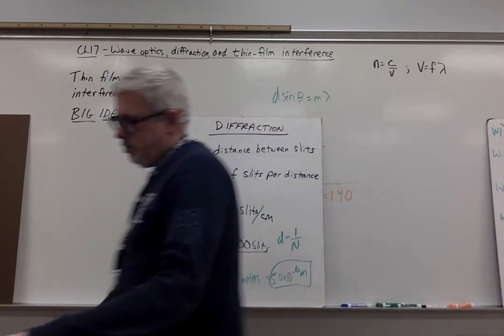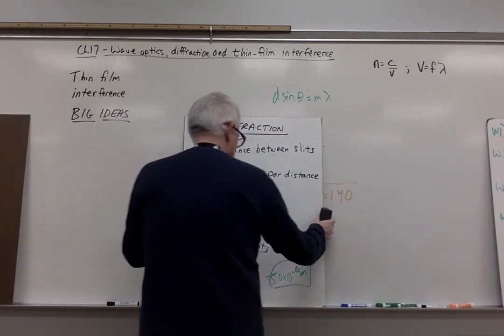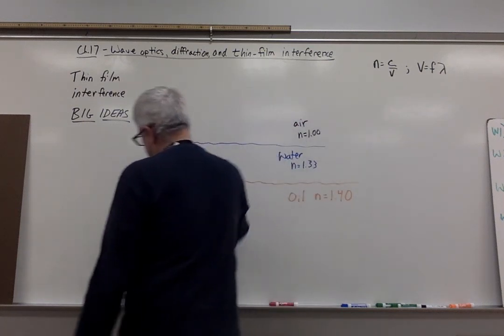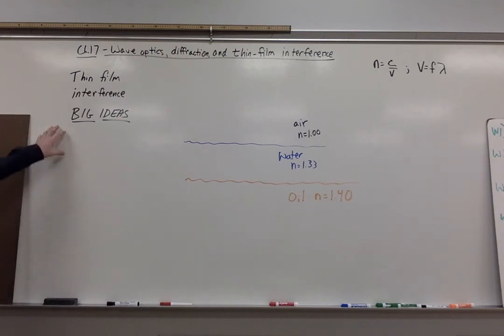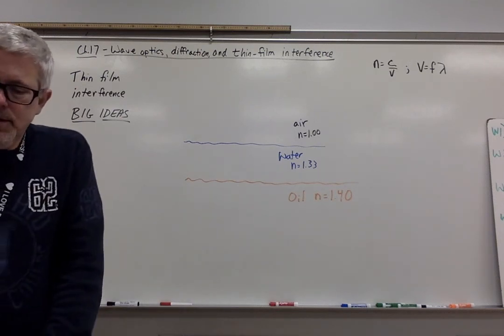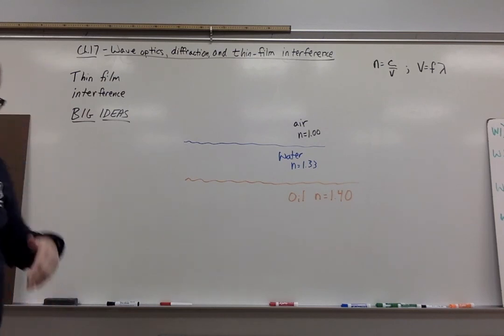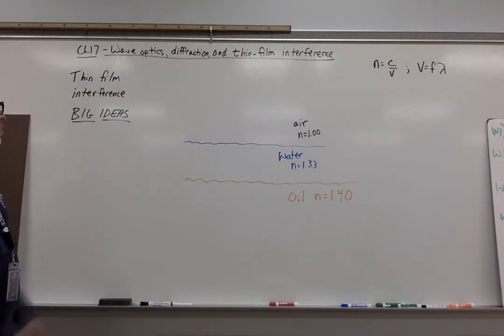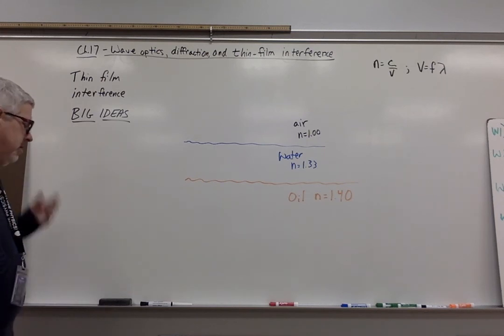Okay, so we're done with diffraction, this part. The next part, and this is, again, I think a really challenging concept, is called thin film interference. I've seen this in some parts of free response questions and some multiple choice questions before. So big ideas behind that.